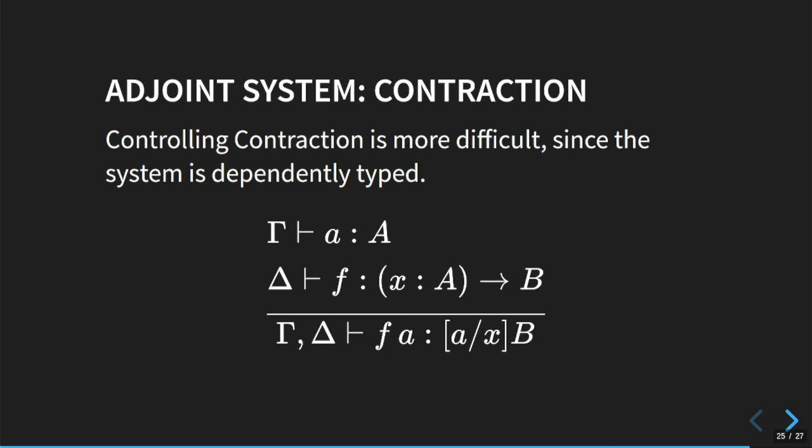Implicitly, this should just be one context, and we should implicitly contract both of these contexts together. That gives us some implicit contraction in dependent type systems if we set them up in the obvious way, and this also enters with the grades, and it's unclear how to handle contraction.